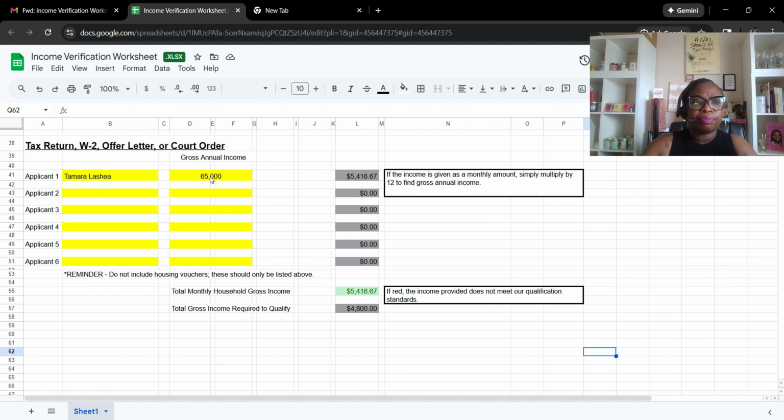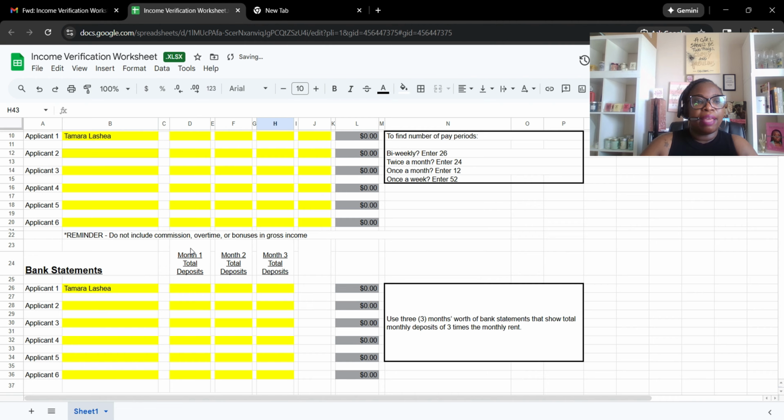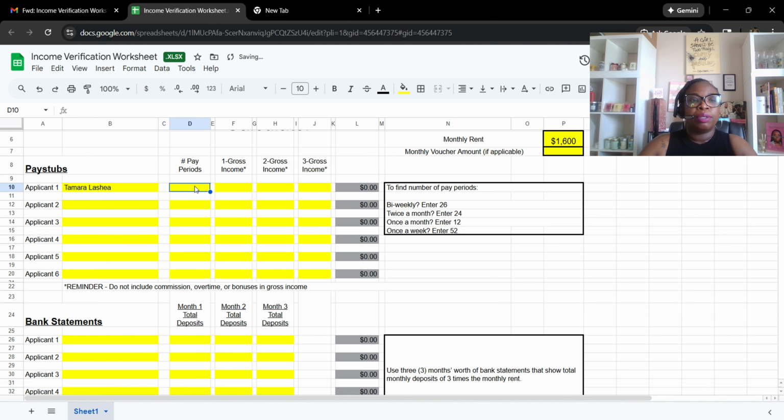Let's say you and your partner are both trying to make sure that you can afford this, correct? Let's say one spouse makes $30,000, and here at the top, the wife may get paid bi-weekly.